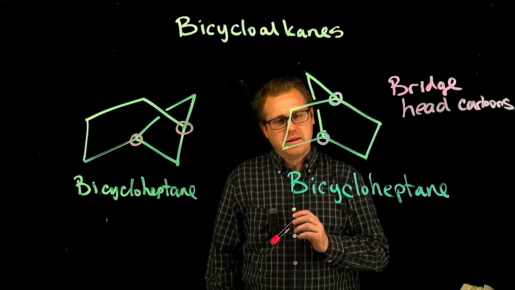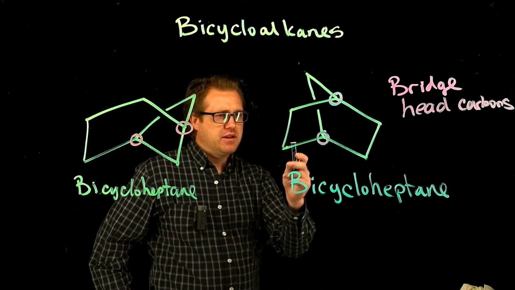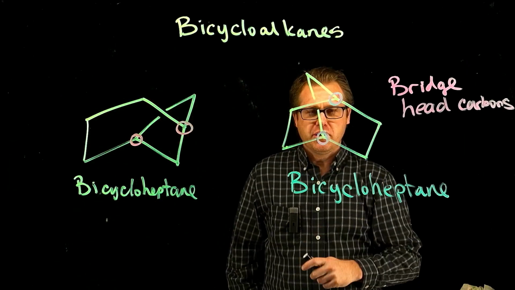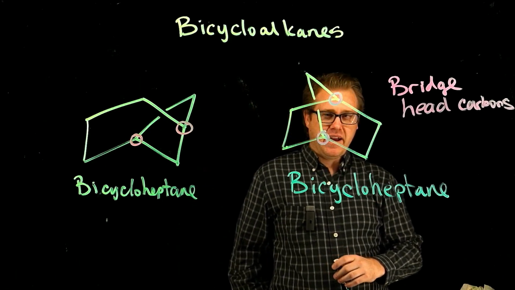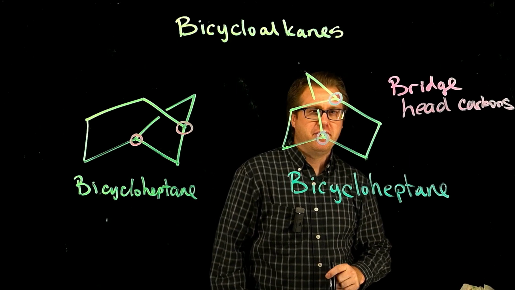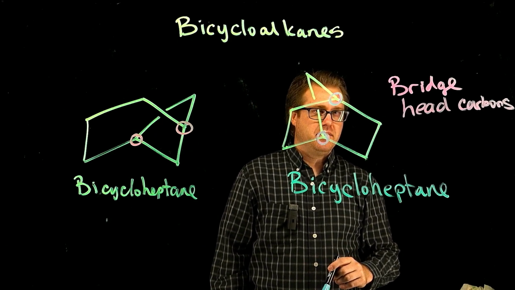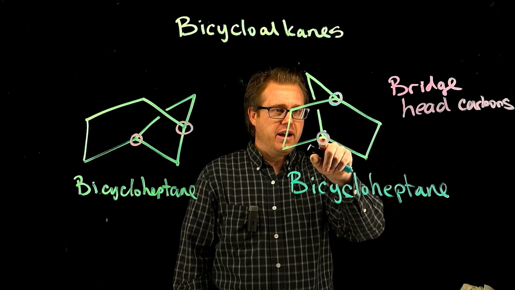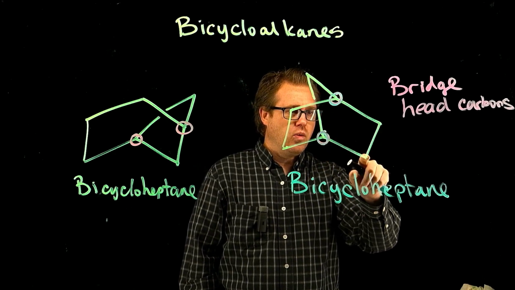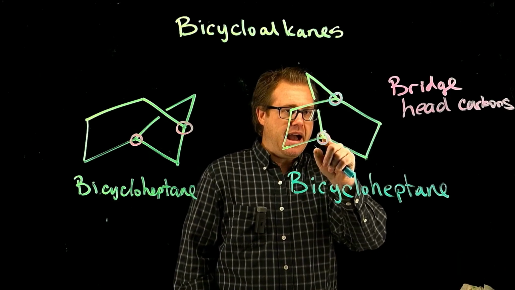Okay? So let's look at this one here. What you're going to do is identify the 2 bridgehead carbons, and then try to find the longest path that's connecting them. Okay? So you can start here, and I can see I could go 1, 2, 3. Okay? So that's a path.